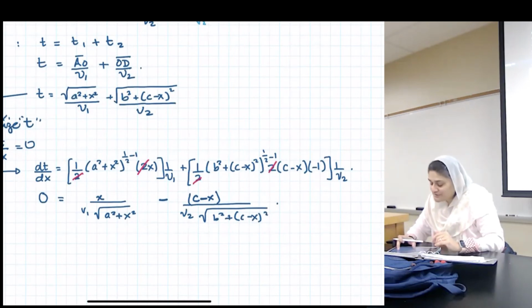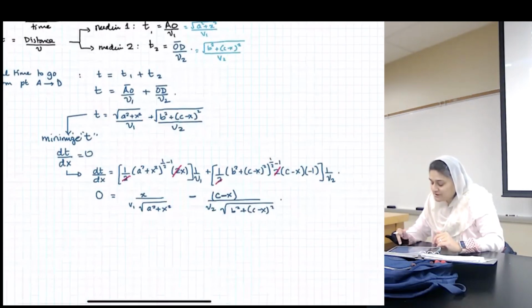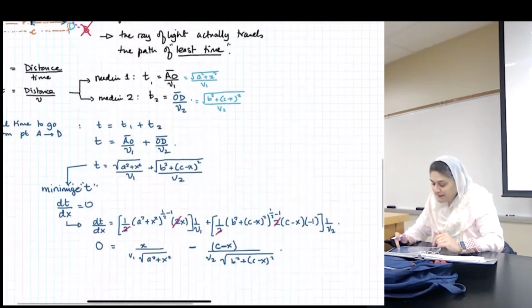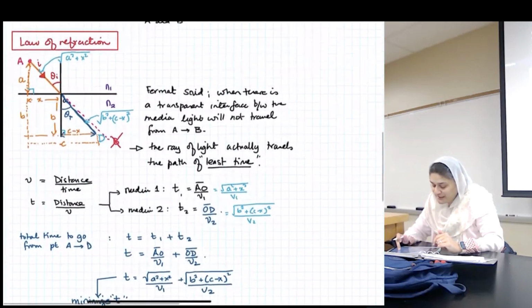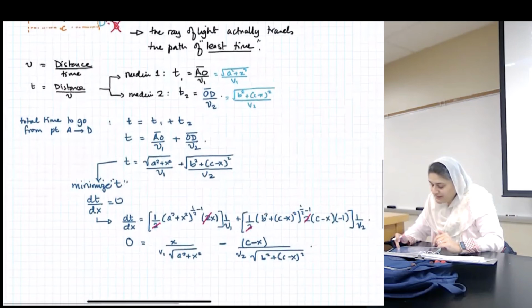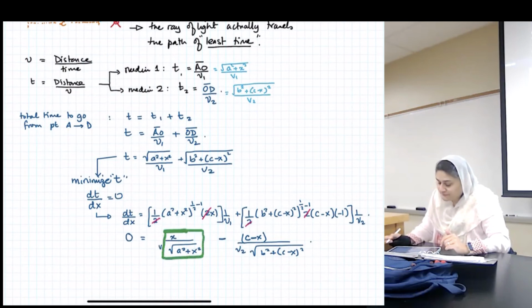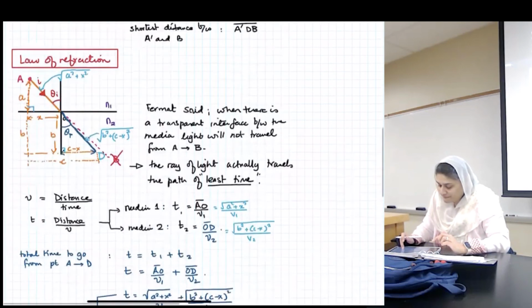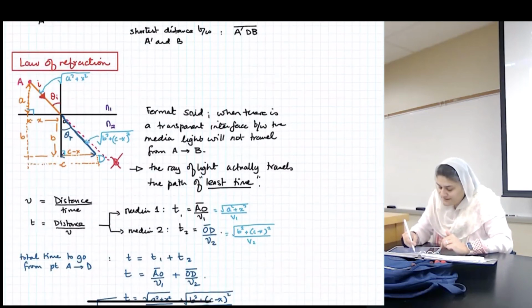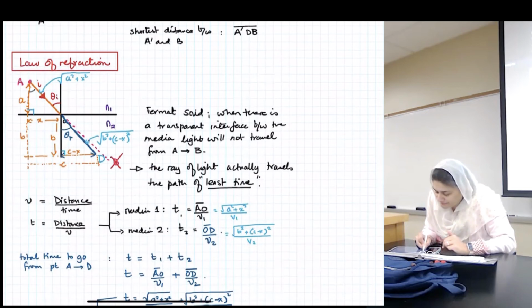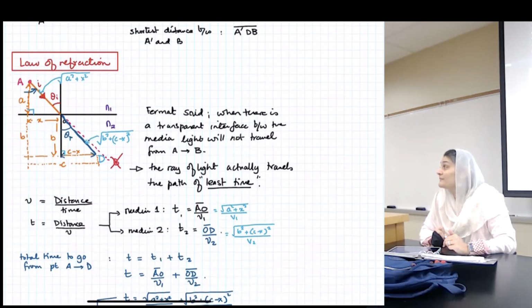Okay, now here comes the fun part. So this looks really complicated, right? But stare at this picture that we had. We need x over AO. So what does this become? X over square root of a squared plus x squared. If this angle is theta I, what is that angle? There we go.